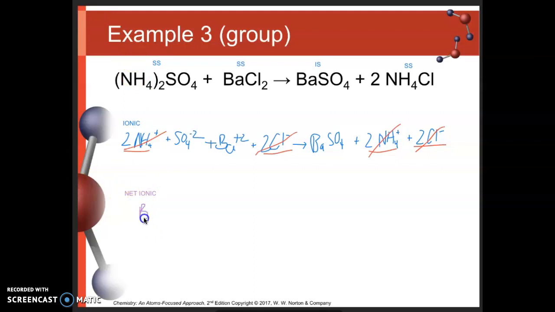Barium ion and sulfate ion react to make barium sulfate. And so total and net ionic equations are really just as simple as that.